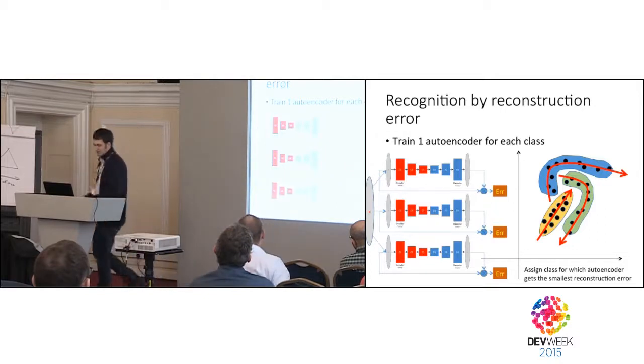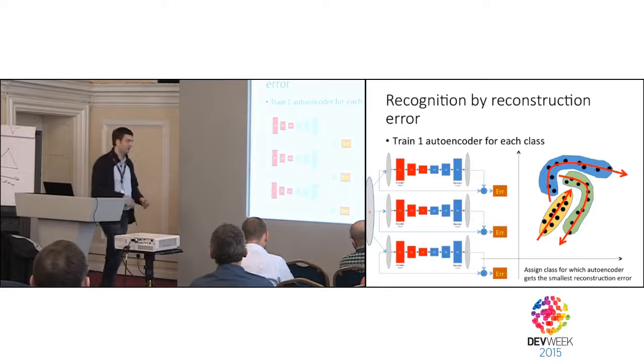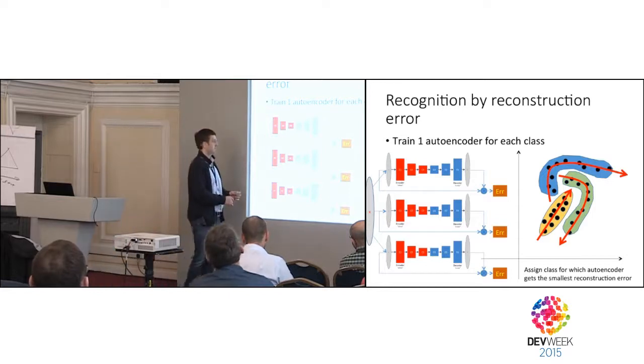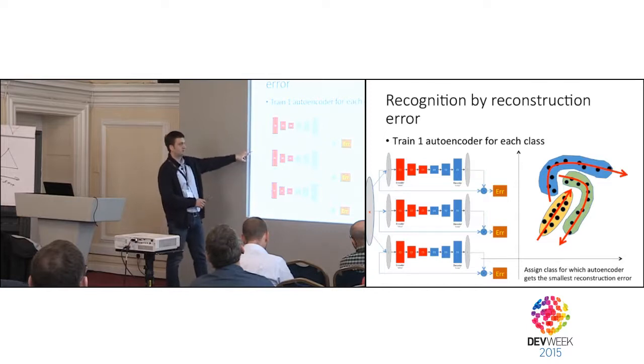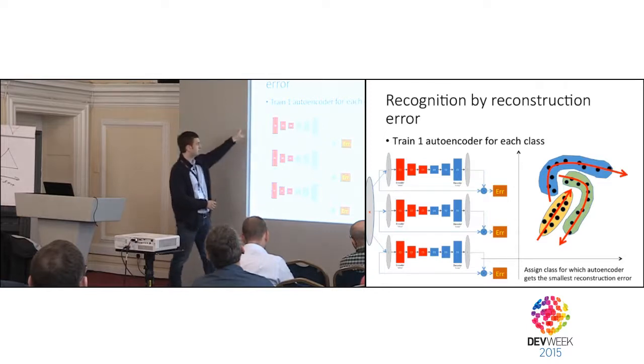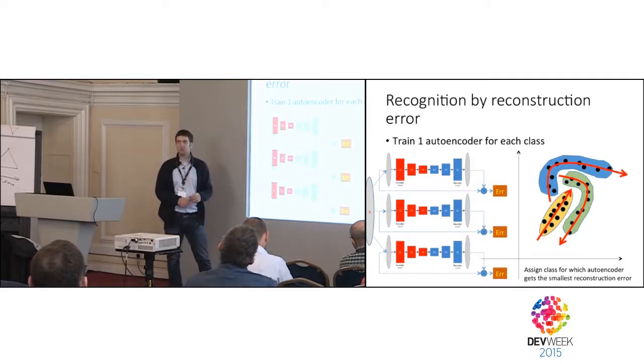So for every class, we can train an autoencoder that would represent its condensed representation in feature space, a so-called subspace. And what we do then is that we classify a new object by measuring the reconstruction error. So we submit data from the object to these several autoencoders and see which of them reconstructs it in a better way.